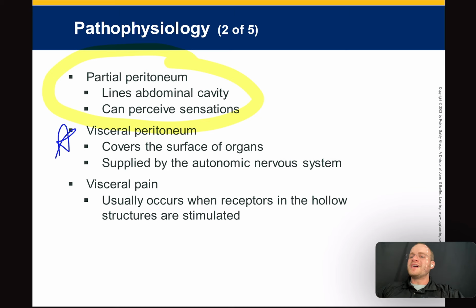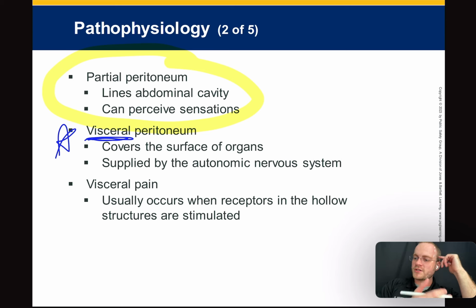This stuff is not very innervated. It's very broad pain. When I hear the word visceral, I don't know why, but I think of the word vital. Visceral, vital. Our organs in our abdomen are visceral, and they're very vital for us to live. So when you think visceral peritoneum, think of the vital organs that keep us alive, covered in peritoneum.